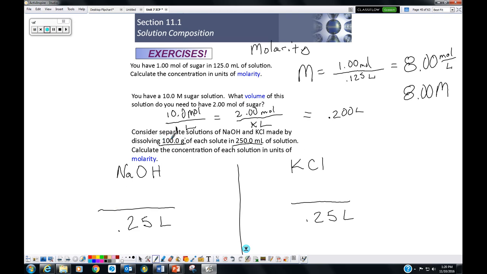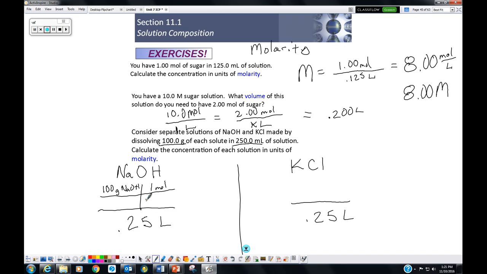What do we need to do to this 100 grams? We need to change it to moles. So how do I convert grams to moles? Divide it by the formula mass. So I have 100 grams of NaOH, and I'm just setting up my dimensional analysis there.